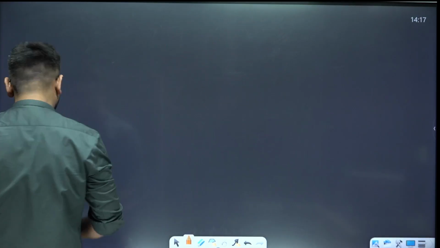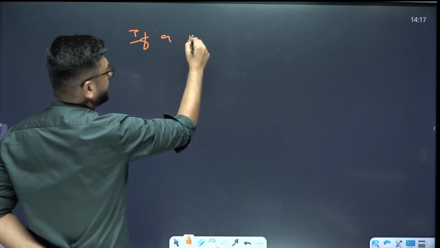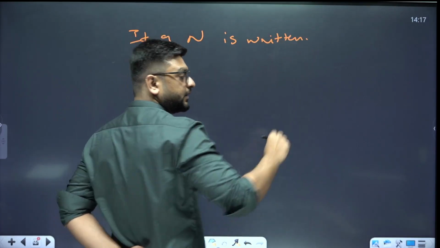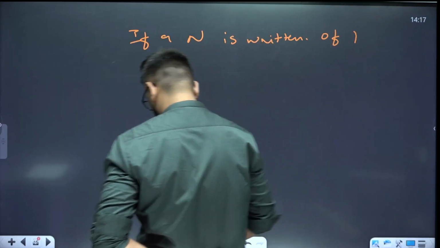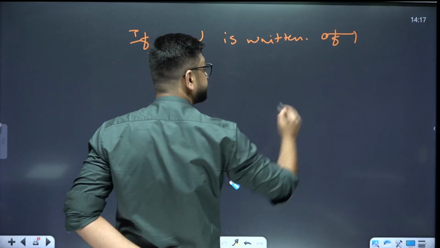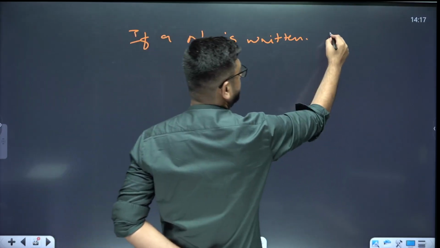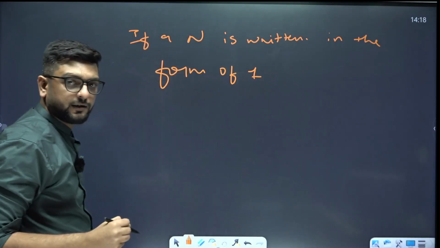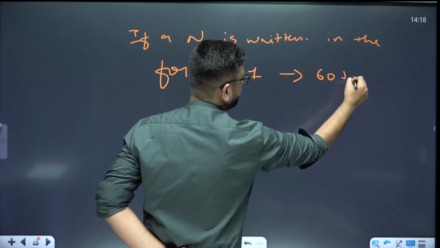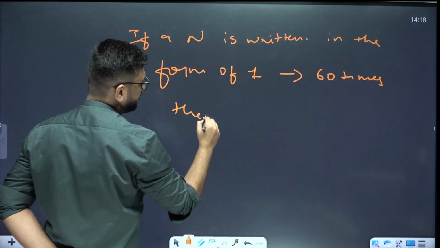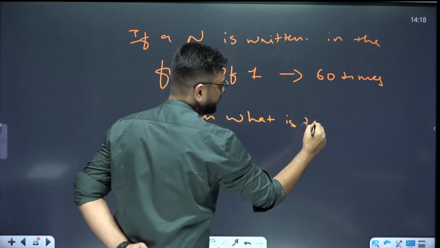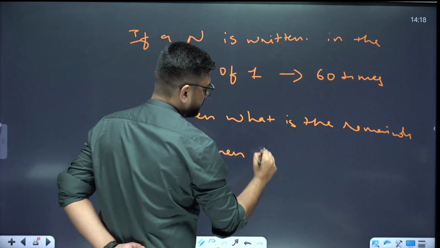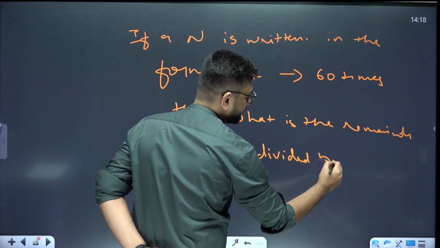Let's suppose I am asking you that if a number n is written in the form of 1, 1, 1 and so on, 60 times, what is the remainder when divided by 37?